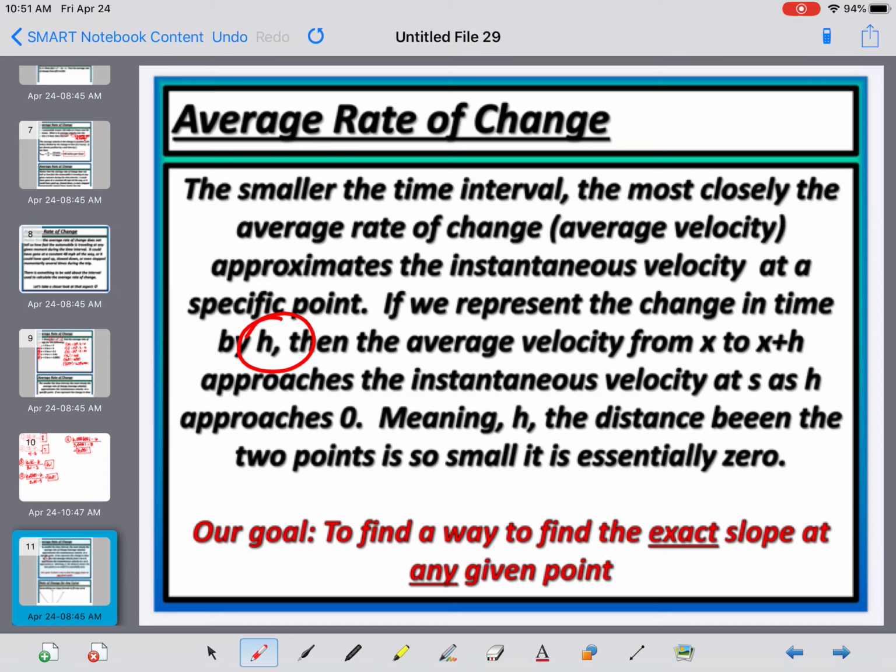So as that value of h approaches 0, you're getting closer and closer to representing an instantaneous velocity, which happens at one specific point. Okay, so the distance between those two values is so small that it's essentially 0.